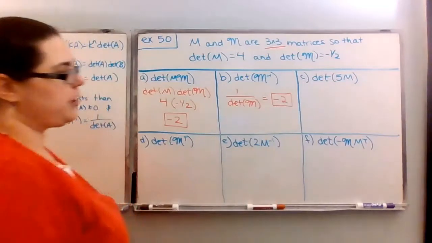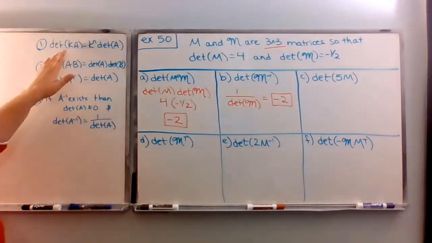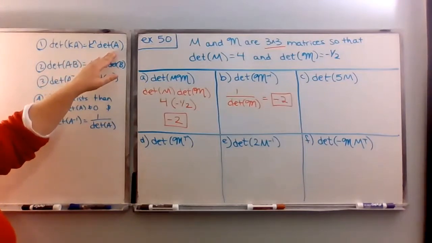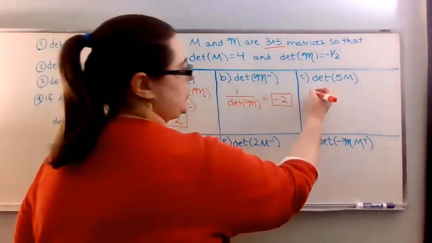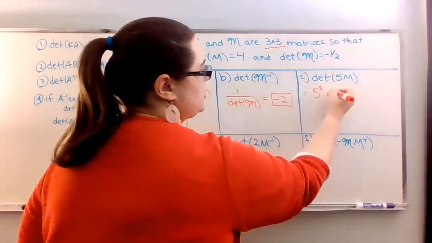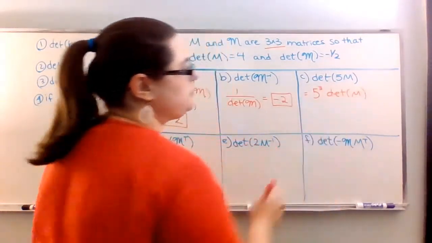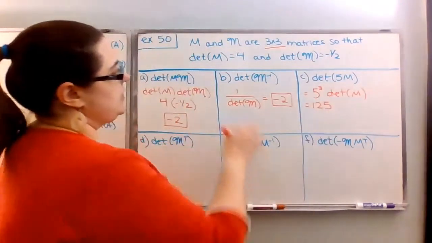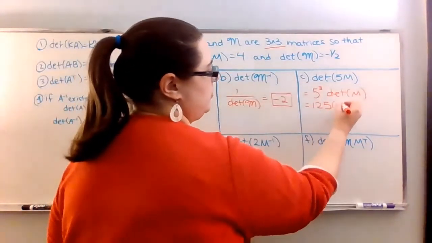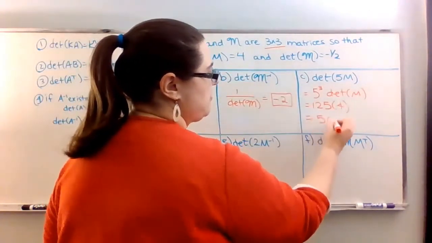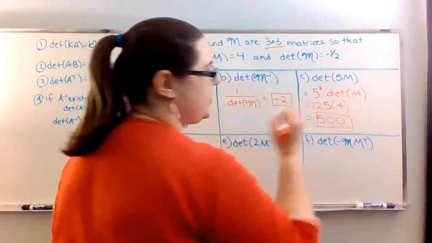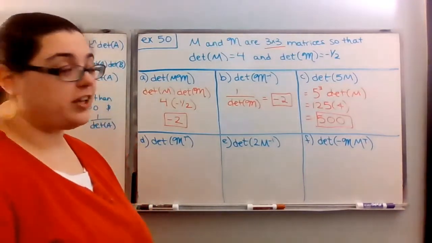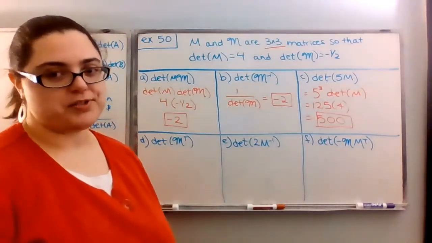So here we're going to use property 1, where the determinant of a scalar times A is the scalar to the nth power times the determinant of A. So here, this is going to be 5 cubed times the determinant of M. So 5 cubed is 125, and the determinant of M is 4. So that's going to give us a nice determinant of 500. Don't be dismayed by large or decimal or fractional answers. Our determinant can be any real number, so they can all pop up.